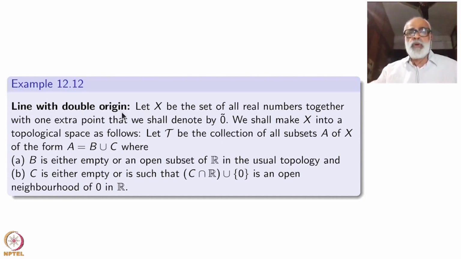You can do this with many points, at least a discrete set of points. For each integer you can double them. That will be a funny space, but it will be locally Euclidean in the same way. You can put any finitely many points also like this, with the same property: 0 twiddle, 0 twiddle twiddle, 0 prime and so on. You can index them by another set and so on.